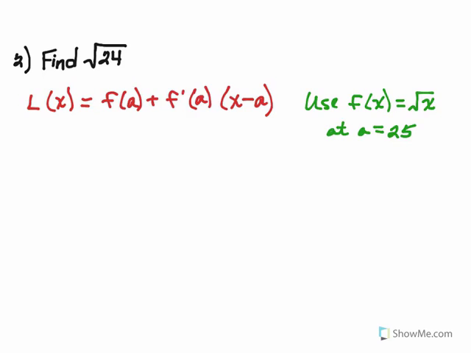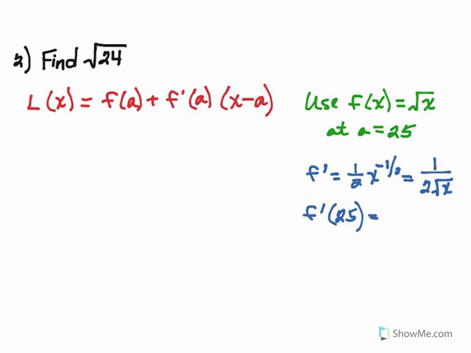We are going to need our derivative, so let's go ahead and do that. We're taking the derivative of square root of x. That, of course, is going to be 1/2 x to the negative 1/2. We could rewrite that, if you care to, as 1 over 2 square root of x. And we need to evaluate that at 25. If you substitute 25 in place of your x, of course you get 1/10. Now we have everything that we need to substitute into our linearization formula.